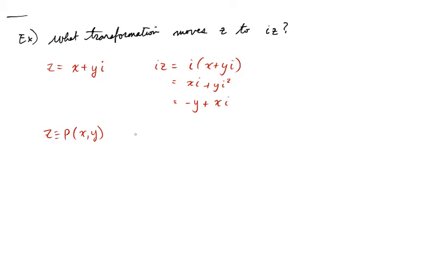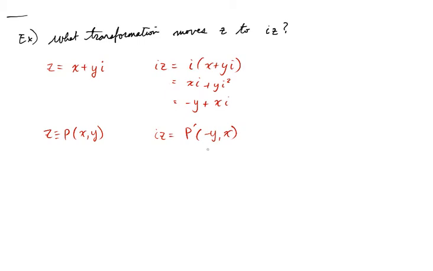So if this is the case, then iz could be represented by a point P prime, and we're not talking about derivatives here, we're just talking about another point P, where the real part is negative y and the imaginary part is x. So we have (-y, x).